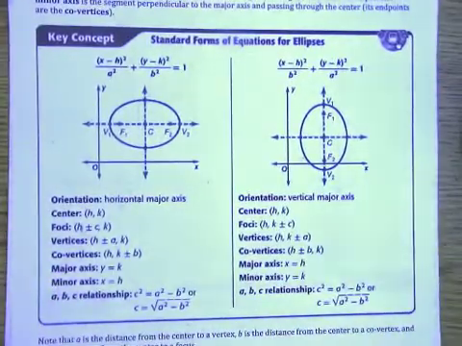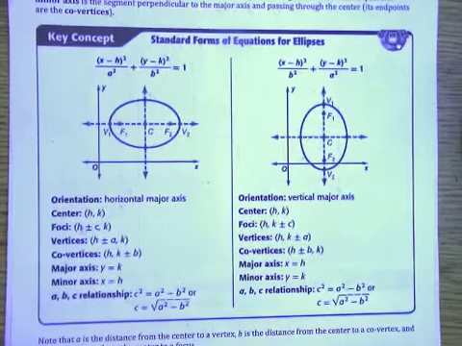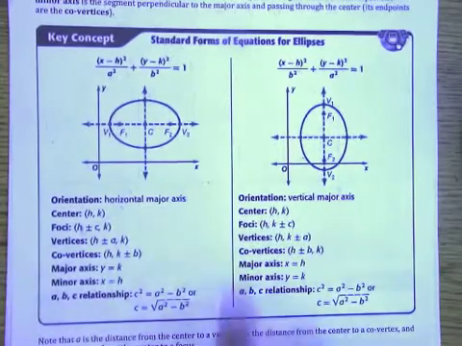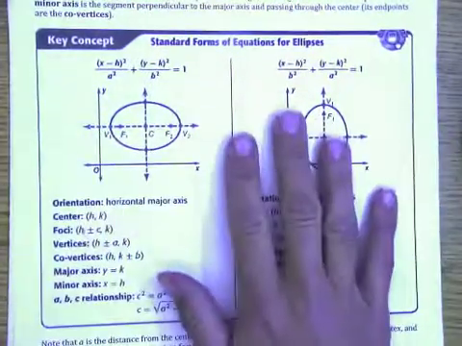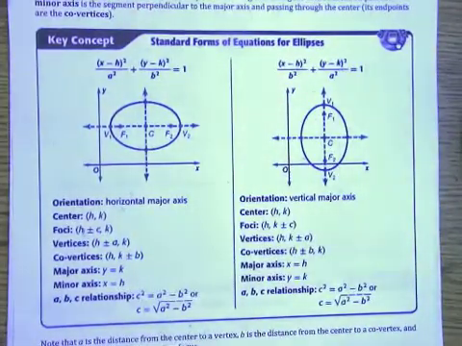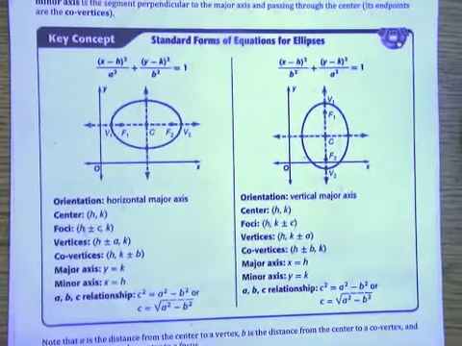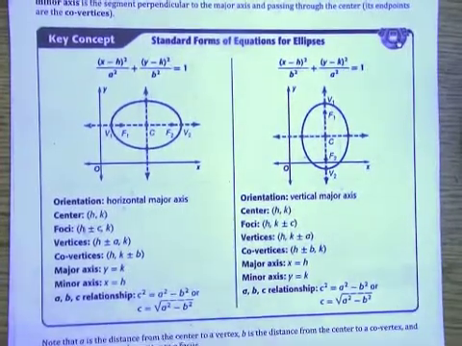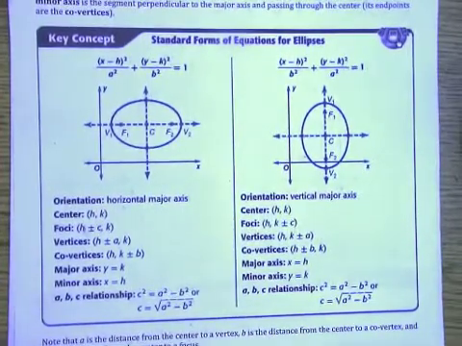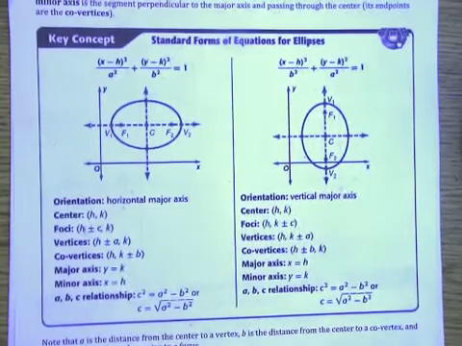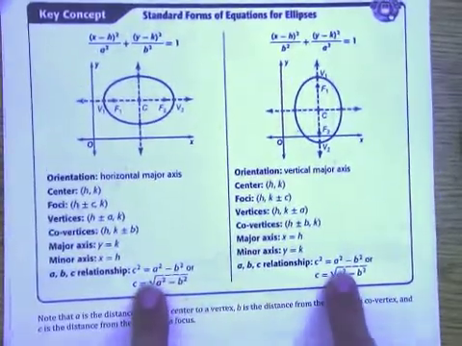Again, the book has a formulaic way of looking at the vertices, the foci, and co-vertices based on the value of C, which isn't anywhere in the equation. You would have to calculate it. But I don't like to think of things formulaically, so hopefully you're able to follow along with how I describe the relationship between the foci, the center, the vertices, and the co-vertices.